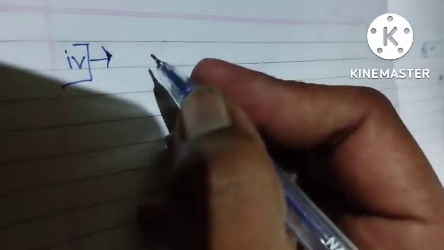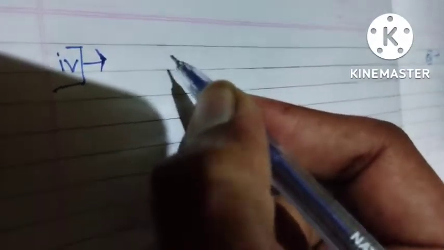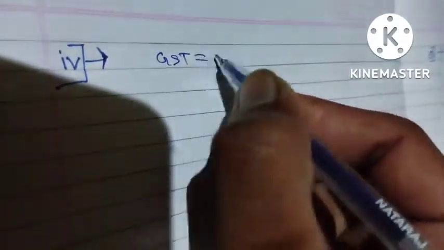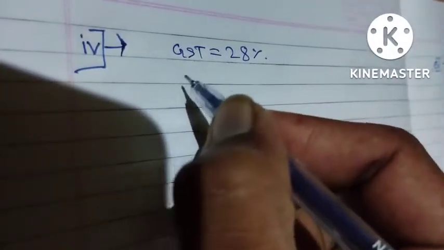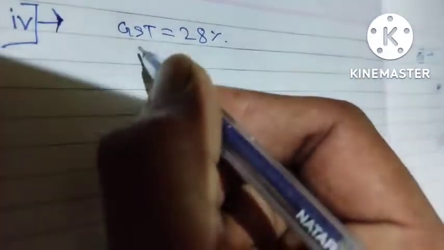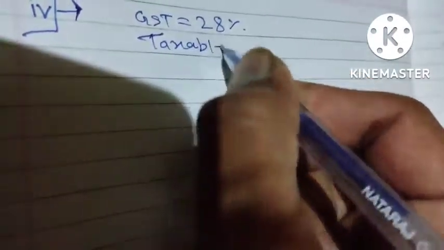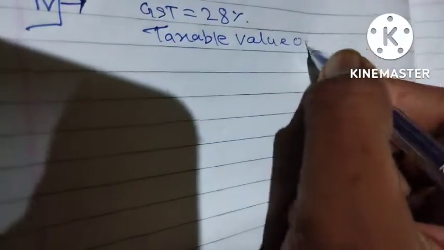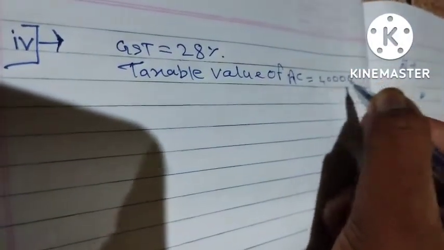Let's find out the amount of GST on AC. The rate of GST is 28%, and the taxable value of AC is 40,000 rupees.